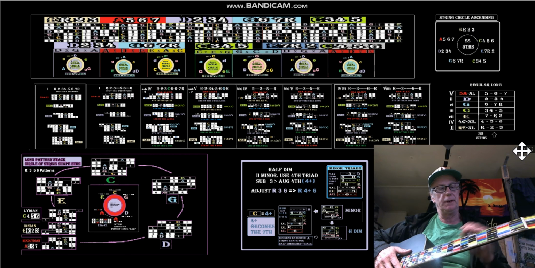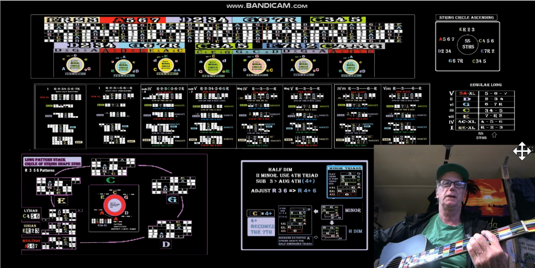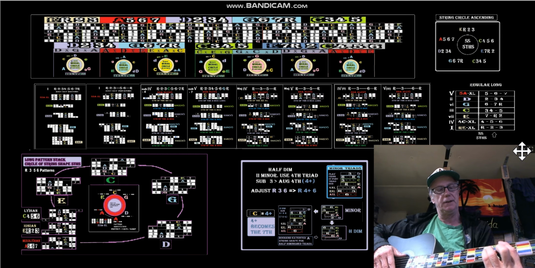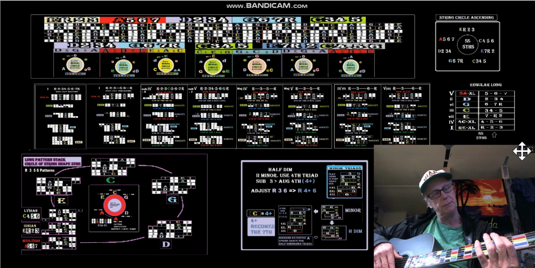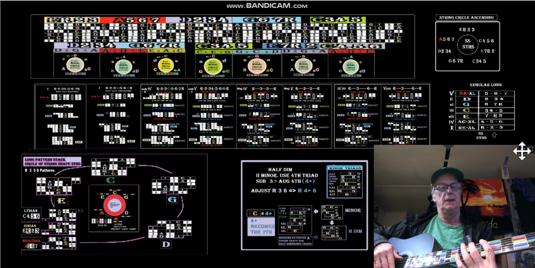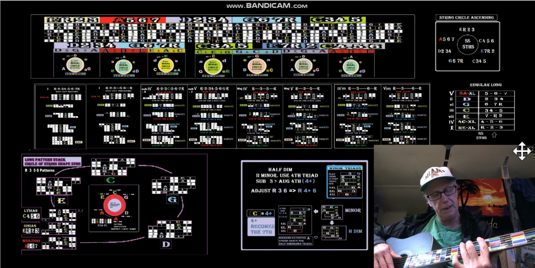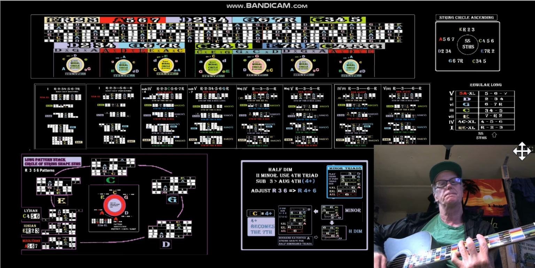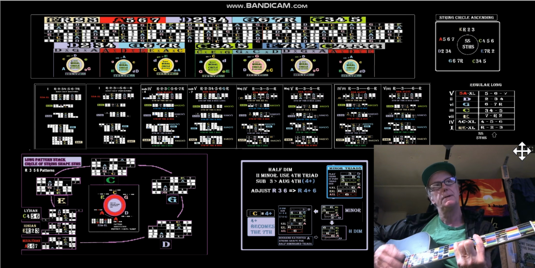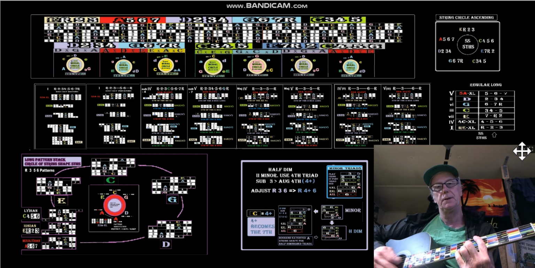Then you go up to the next shape from C. You go to the A action box, which would be A. The fourth of A is D. The fifth of the A shape is the E shape. That kind of thing. And from the A box we go to the G box, and then we'd have the G shape. The fourth of G is the C shape, and the fifth of G is the D shape.